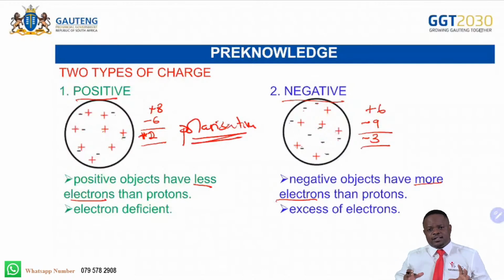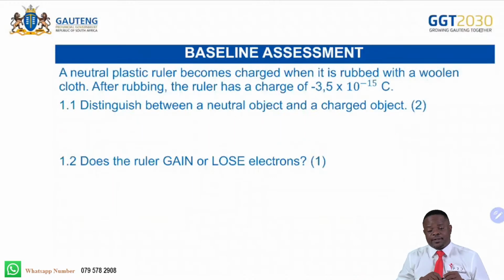And we're going to be dealing with typical examination questions that involve so much calculation. So let's have our calculators ready and be geared to start our lesson. Now, as usual, we're going to start with the baseline assessment. For this part of your assessment, I'm going to give you 3 minutes.